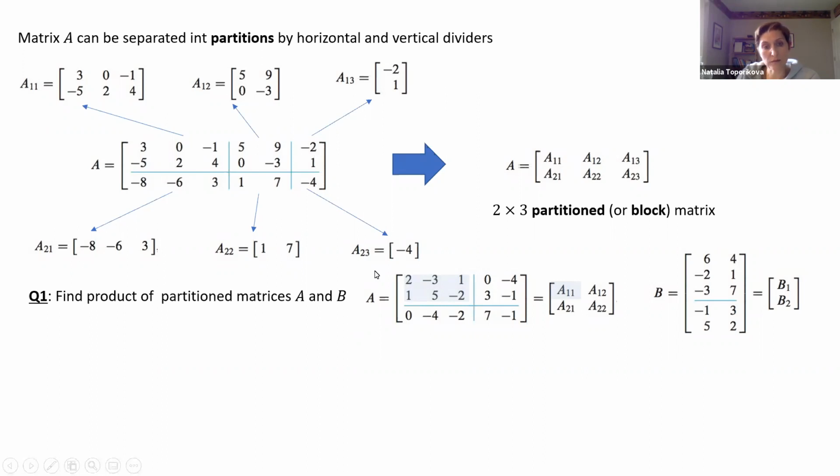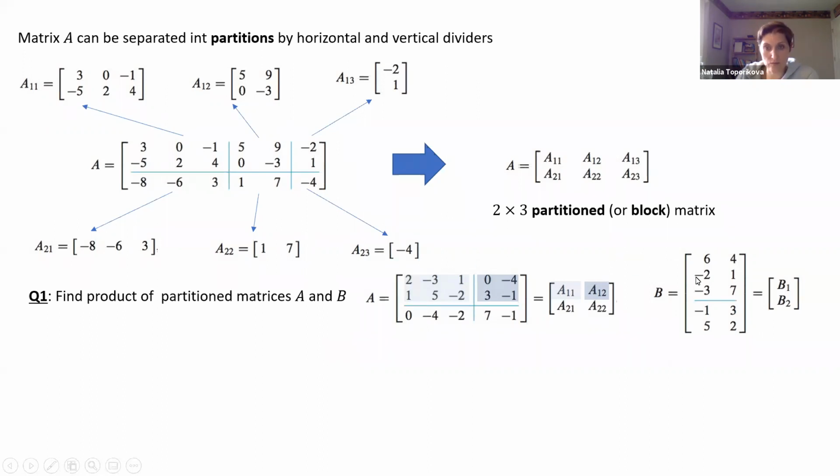And to make life a little bit easier for us, I'll introduce some color coding. We will work with the top row of the matrix A. I will denote A11 as light blue and the A12 submatrix as darker blue.